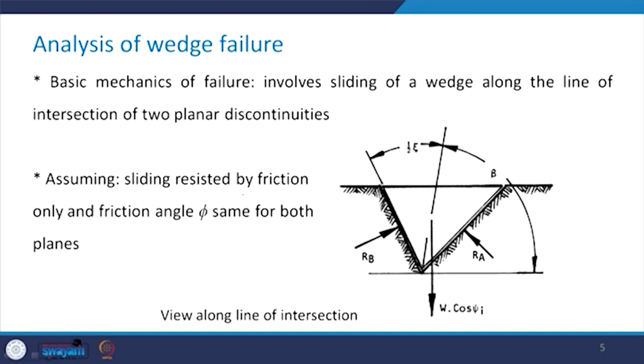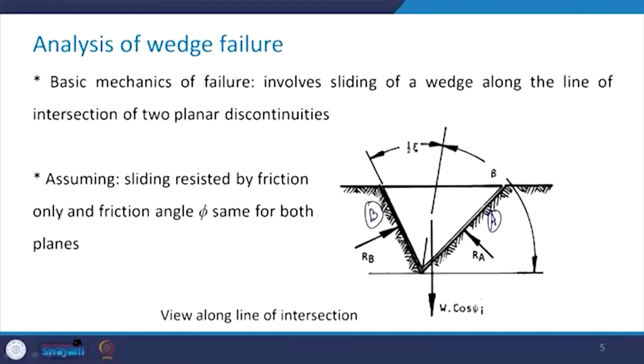We need to assume that the sliding is resisted by friction only, and the friction angle phi is the same for both planes, be it plane A or plane B. We are doing this for the sake of simplicity, but methods are now available. If you have different friction angles for these two planes, that also can be taken care of.